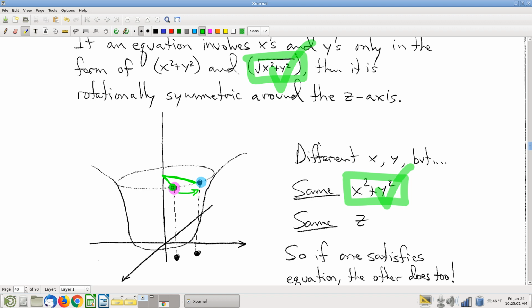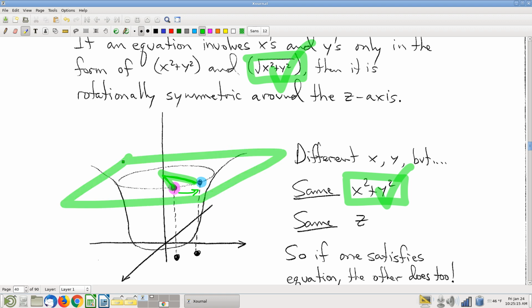Why? Well, because these distances are the same for both, because that's how we made those points. Right? Also, because of how we made those points, we were rotating around the z-axis, those two points are in the same plane, and so they have the same z coordinate as well. Different coordinates, but same z, same square root of x squared plus y squared.